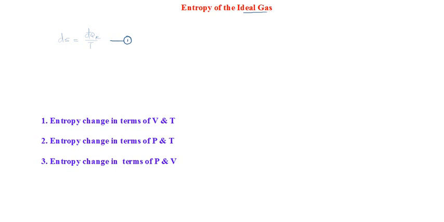One thing to keep in mind is that equation number 1, which I have written here, represents the infinitesimal change in the entropy corresponding to an infinitesimal transfer of heat d̄q.